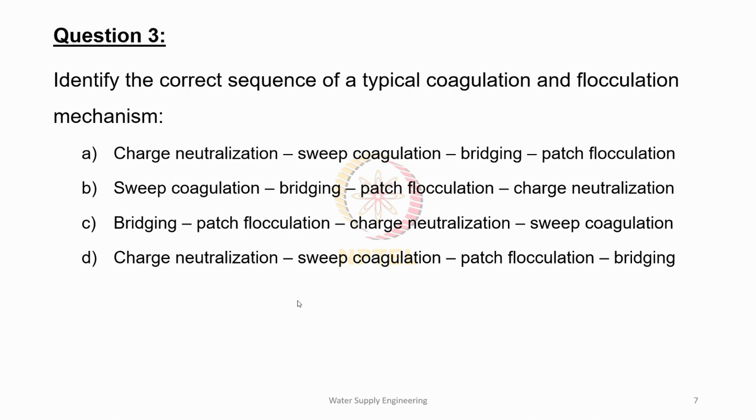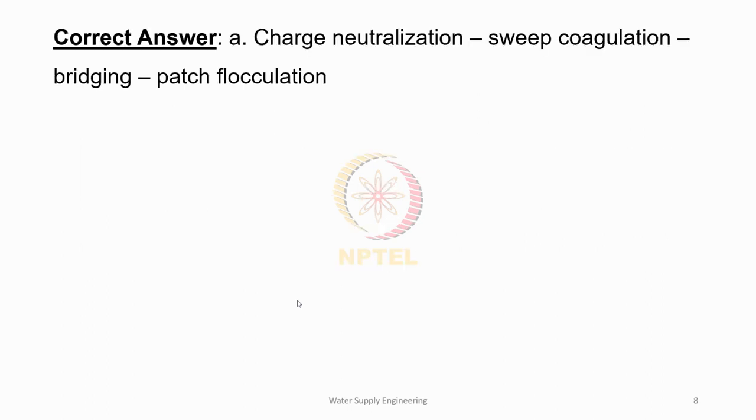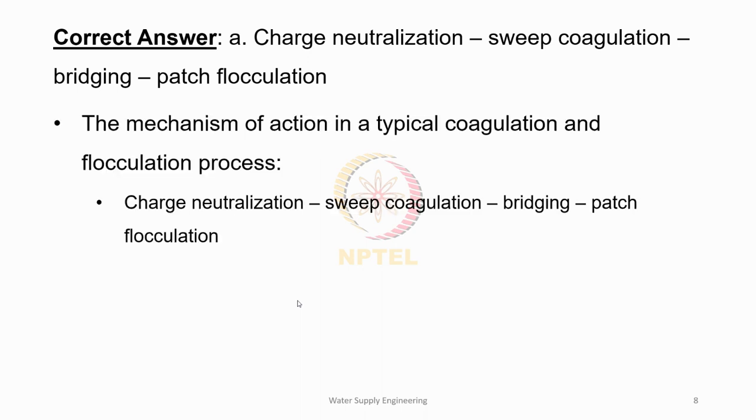Option C, bridging, patch flocculation, charge neutralization, sweep coagulation. Option D, charge neutralization, sweep coagulation, patch flocculation, bridging. The correct answer is option A, charge neutralization, sweep coagulation, bridging, and patch flocculation. So that is the typical coagulation flocculation process.